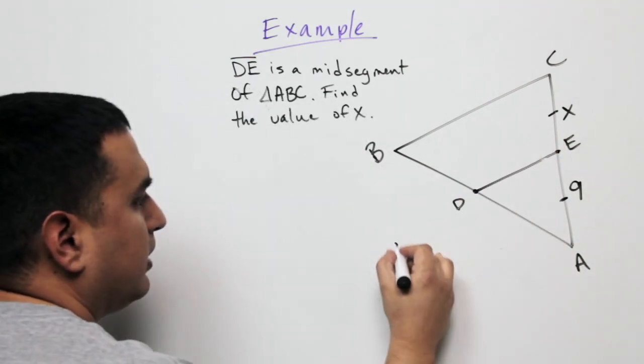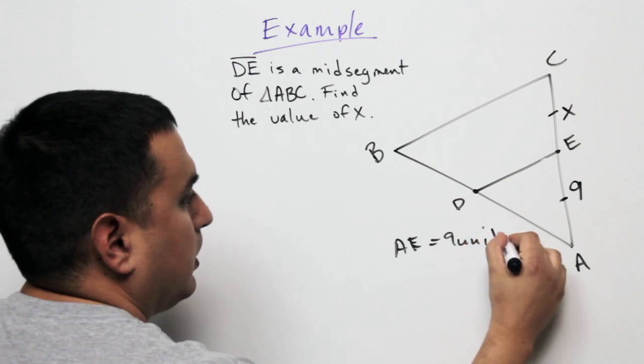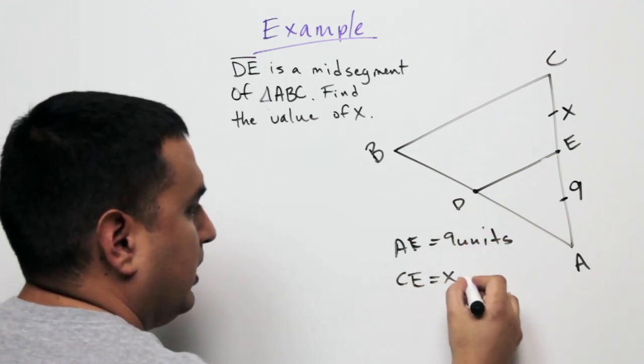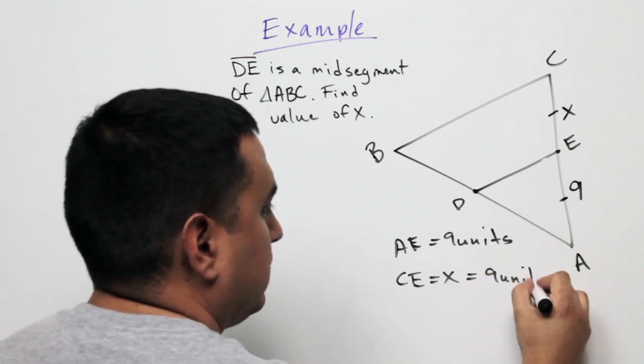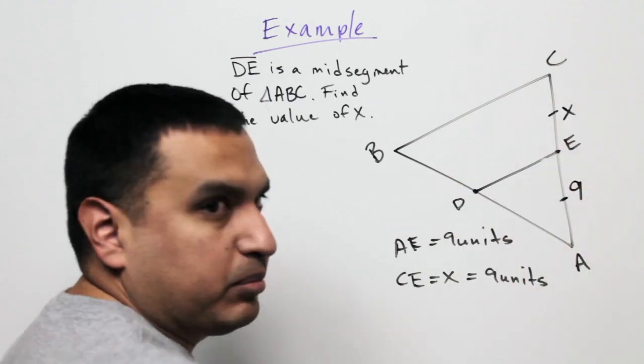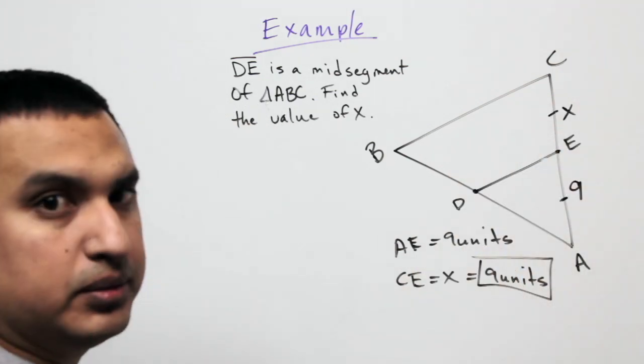So if AE is 9 units, that means CE, which in this case is our x, is also 9 units. Because it's a midsegment, and the midsegment is made by the midpoints.